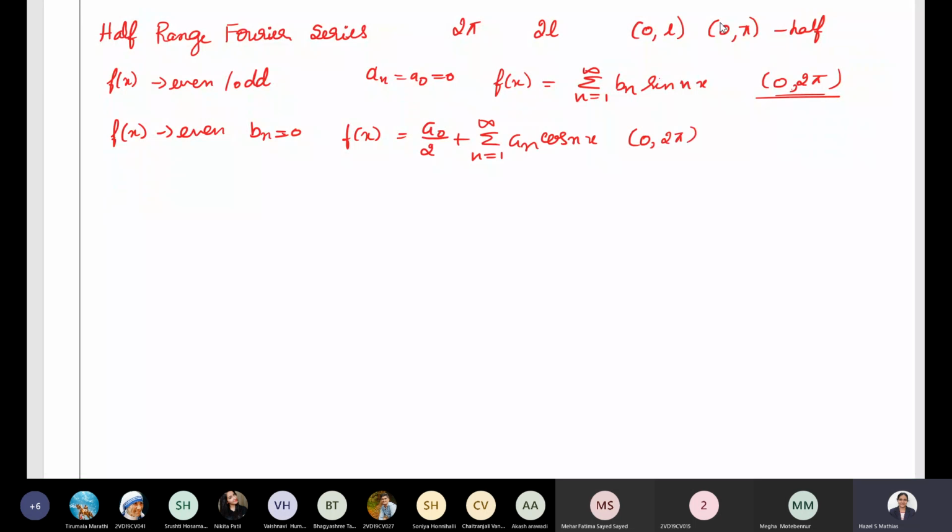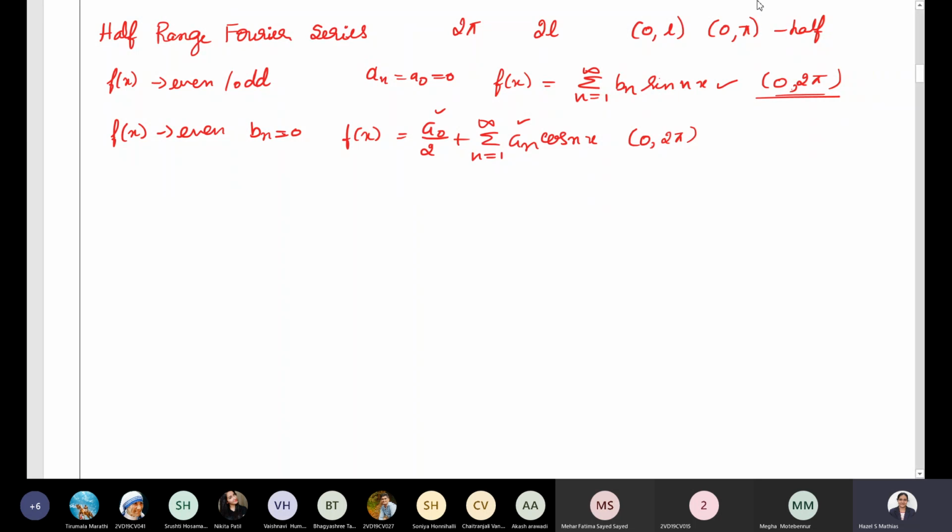Depending on that, we find the Fourier coefficients and get the Fourier series expansion. But in half-range Fourier series, sometimes it is required to have the series in terms of either sine or cosine only. When we require the sine term, we use this Fourier series expansion.